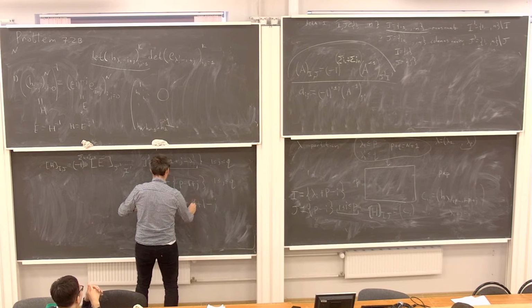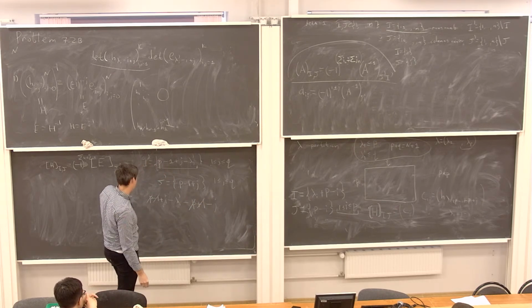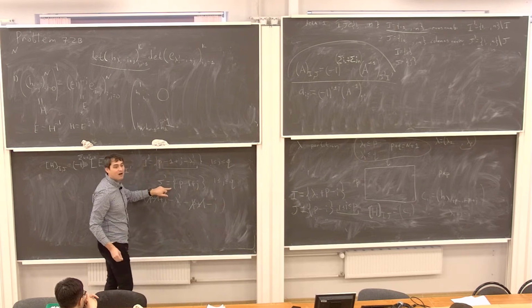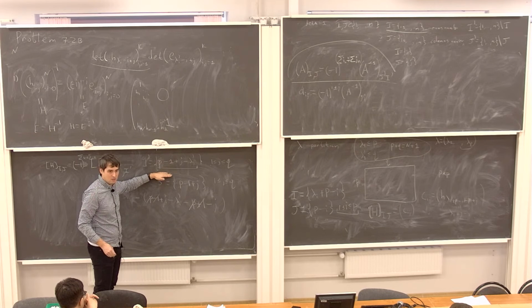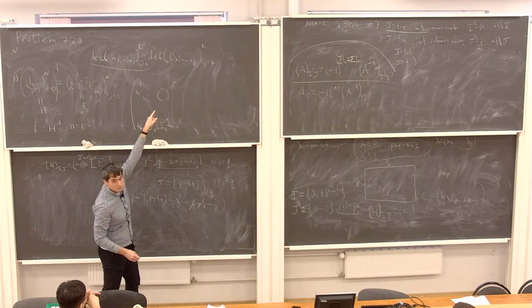So we transpose these rows and these columns, okay? So we exactly get lambda i prime minus i plus j, exactly what's written here.